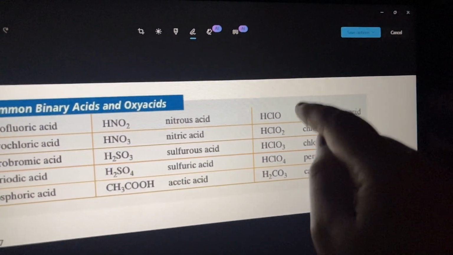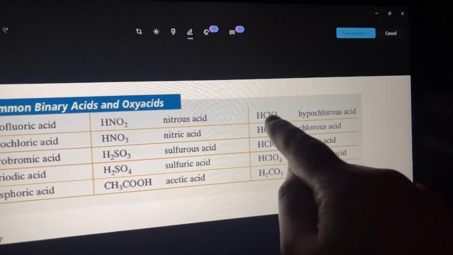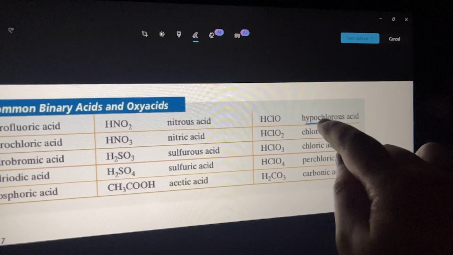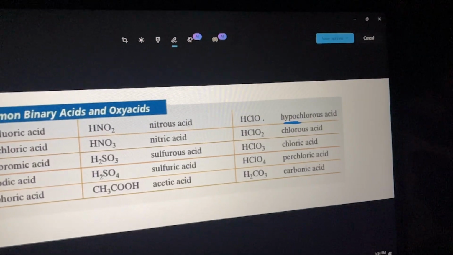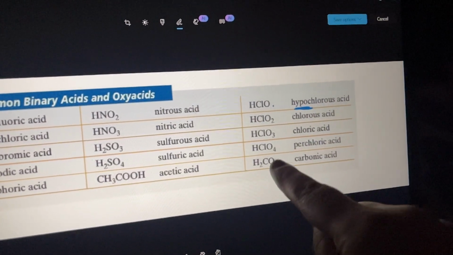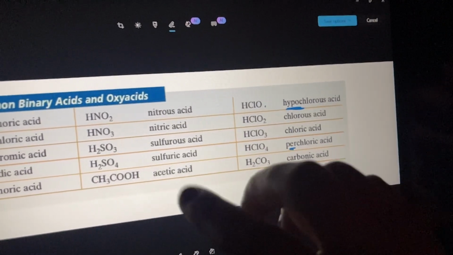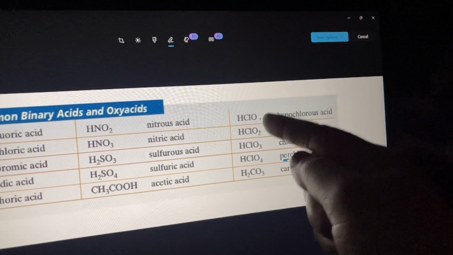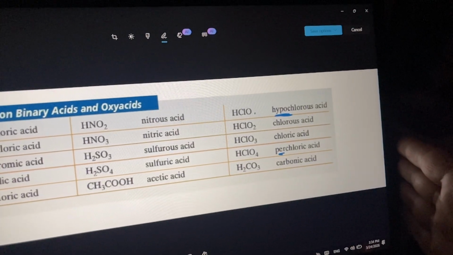So when it is hydrogen and ClO, do you remember for 1 and 4 we have prefixes? For 1 it is hypo. For ClO4 we use per. You remember that. So we count ClO1, ClO2 as less oxygen.